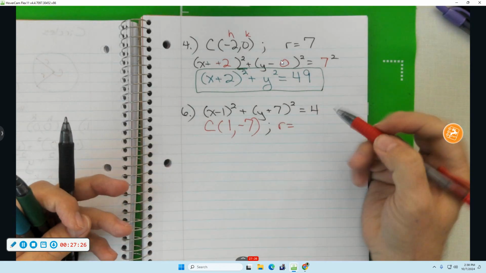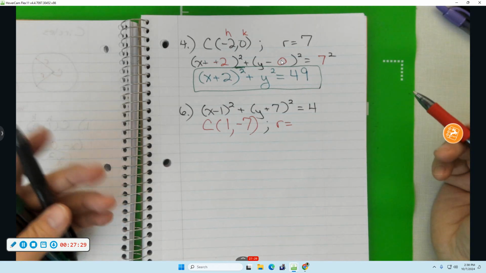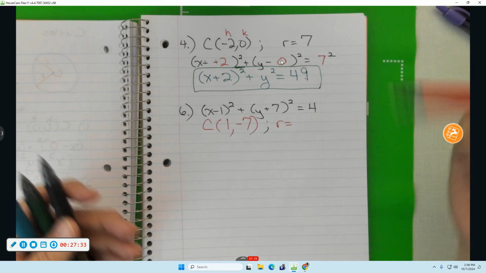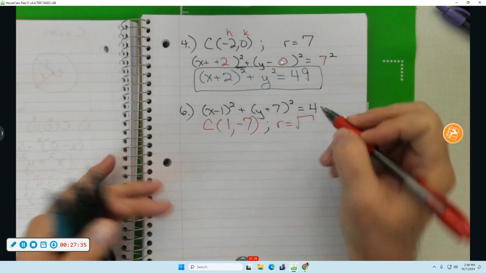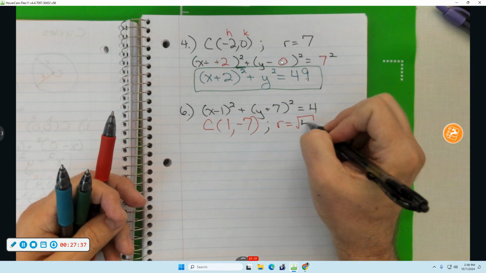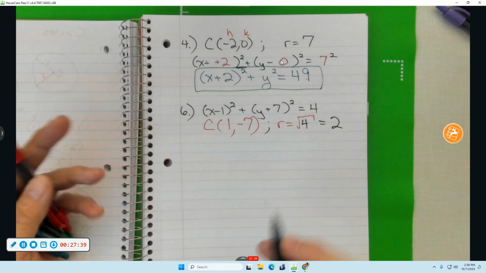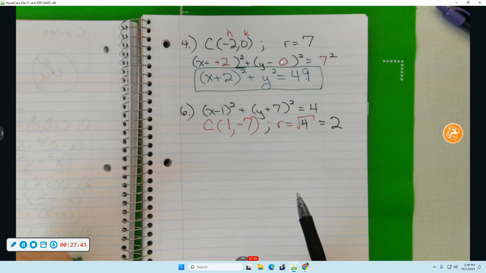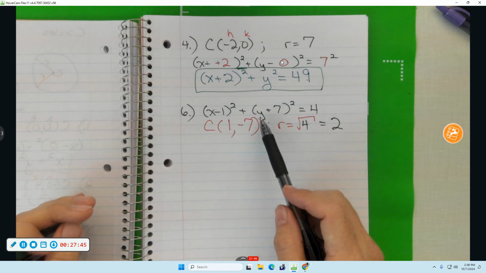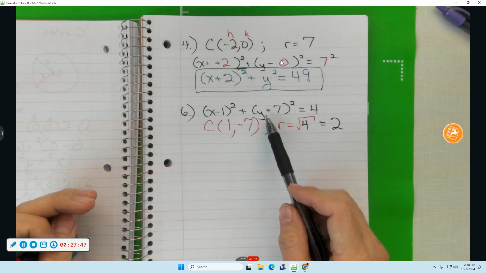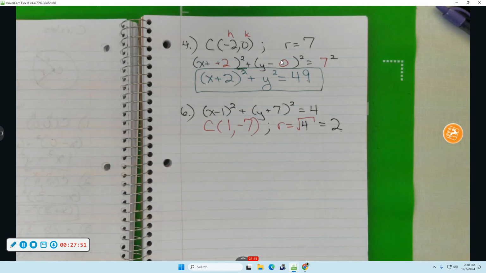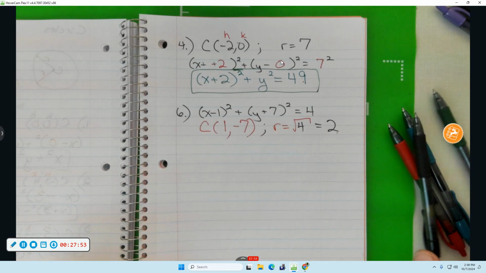The radius is at 4. What are we going to have to do? We're going backwards. To get the radius, you take the square root. The square root of 4 turns out to be 2. And that's all you need to draw the graph of the circle. You use that center radius form they gave you to determine the center and the radius, and we're ready to graph.